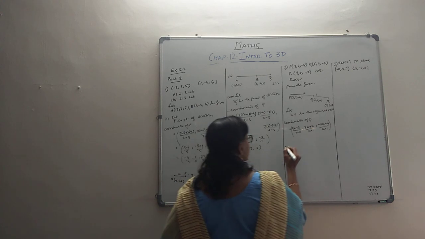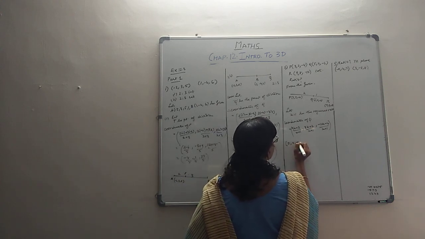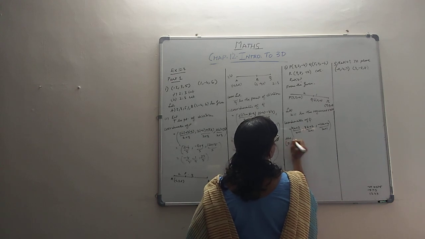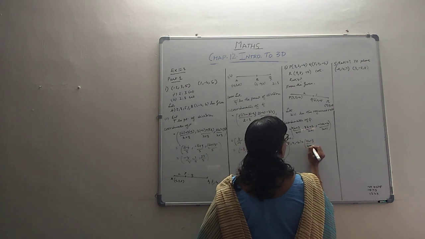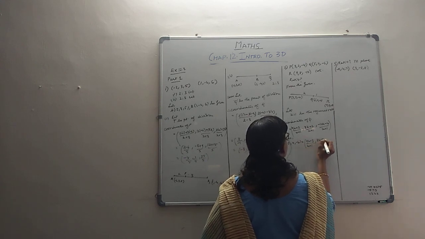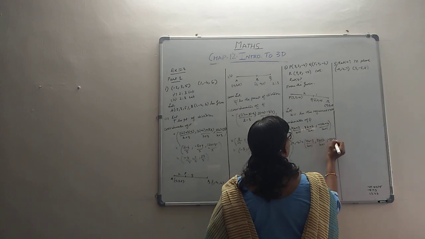Also, you know the coordinates on this side, it's 5, 4 and minus 6. This is equal to (9k plus 3) by (k plus 1), (8k plus 2) by (k plus 1), (-10k minus 4) by (k plus 1).